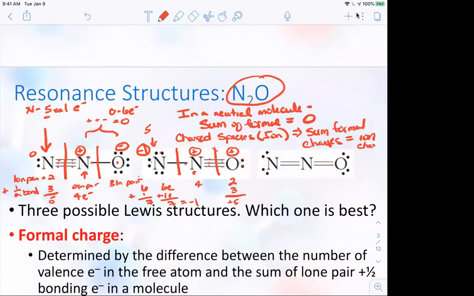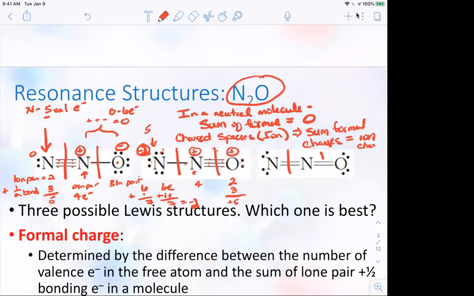Actually, this is supposed to be -2. Sorry. This guy has 6 plus 1 gives me 7. It's supposed to be 5. It has a -2. And I noticed that discrepancy because -2 plus +2 is equal to 0. And I know my formal charges have to be 0.